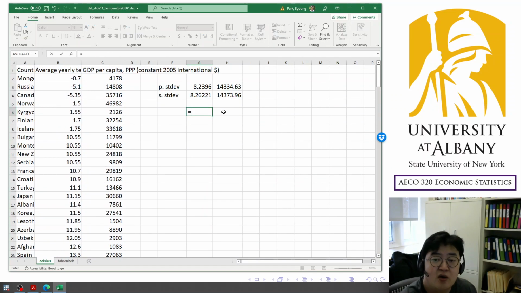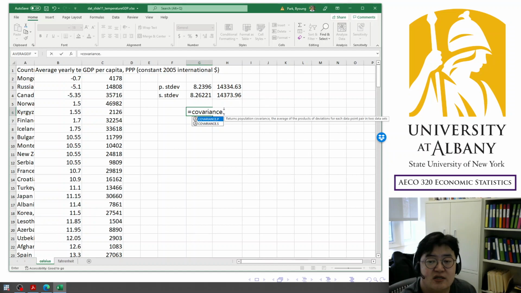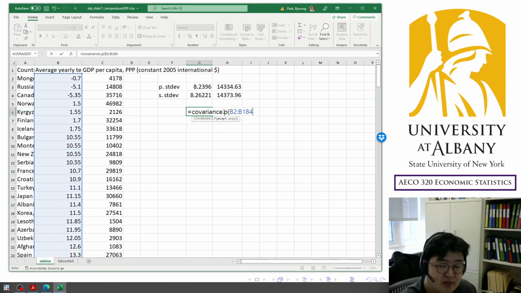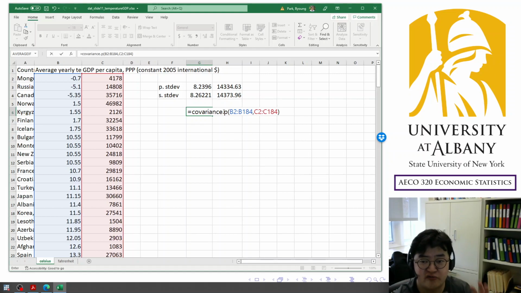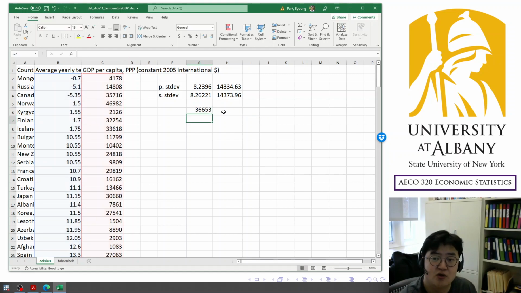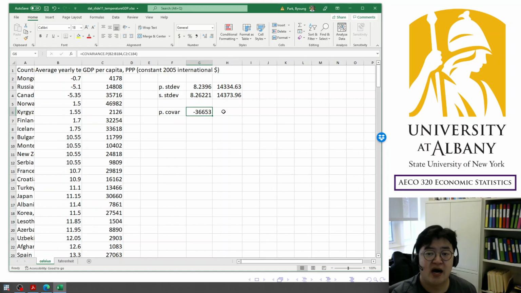Let me show you how we do it. COVARIANCE.P: first, you have to choose the temperature variable, column B, and a comma, and then choose column C. You have to distinguish the two variables using a comma. So then you have this covariance. Covariance is minus 36,000.